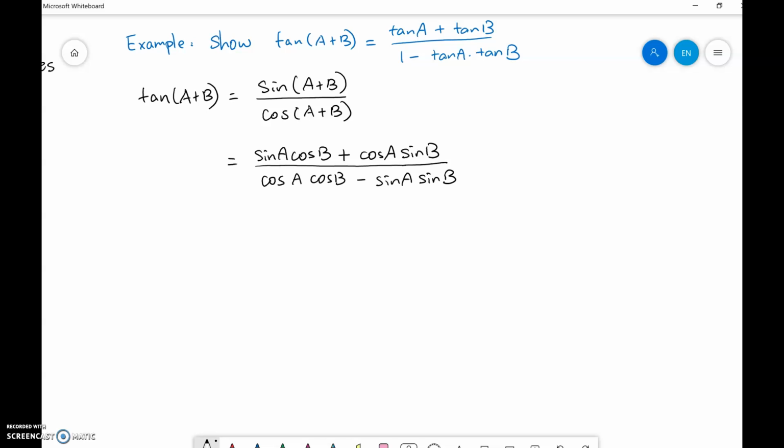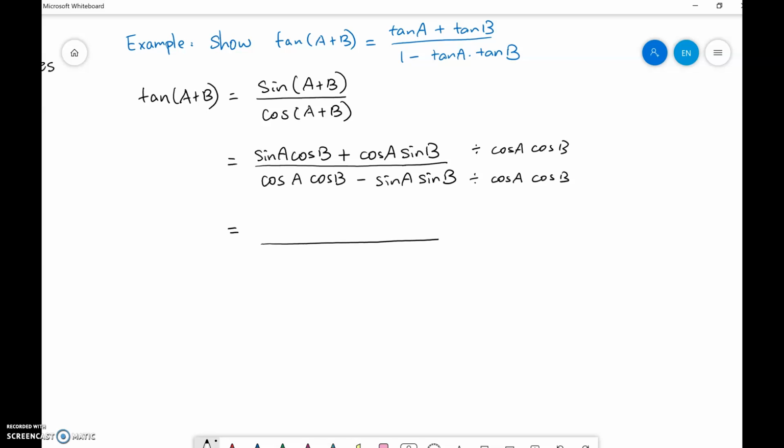Right now we cannot really subtract or simplify anything. So what we want to do is divide by cosine of a, cosine of b on both the numerator and the denominator.